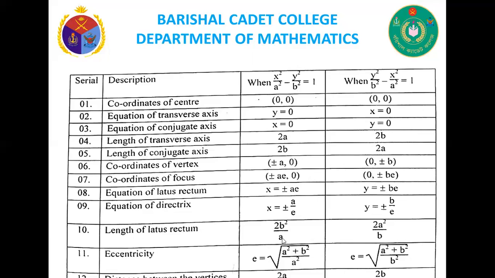Length of the latus rectum: this is 2a squared divided by b. Eccentricity is denoted by e, and this e equals square root of a squared plus b squared divided by b squared, and the distance between the vertices is 2b.